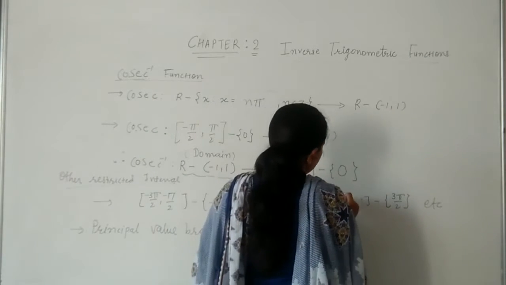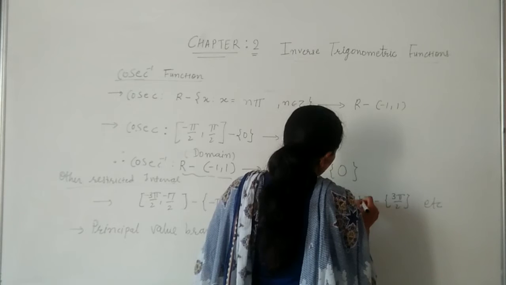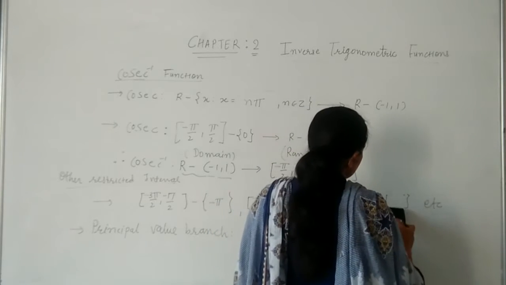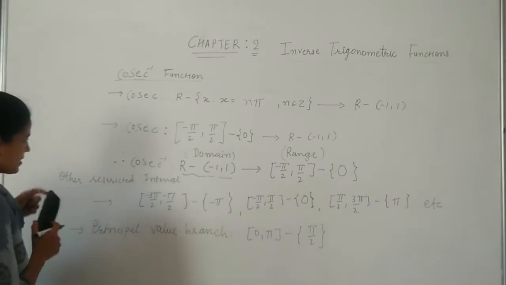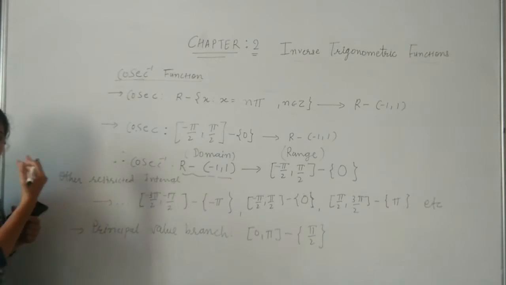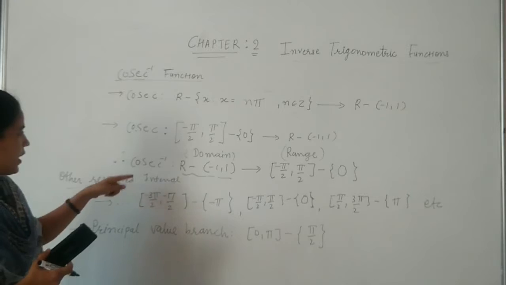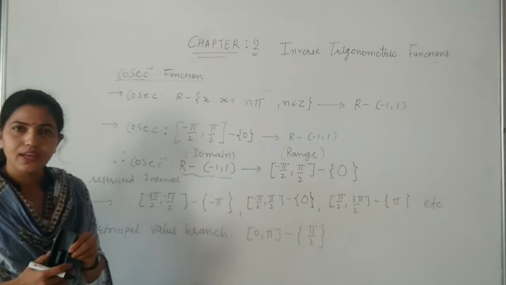Then pi by 2 to 3 pi by 2 minus pi. In this interval, there is one angle where sine is 0. That means cosec is not defined. So these are infinitely many, I can say. Here also there are so many intervals where we can restrict our cosec.